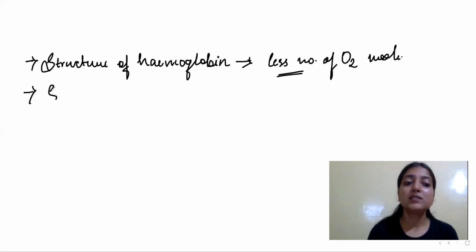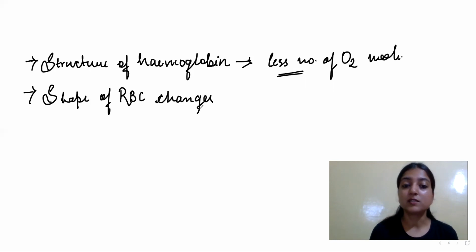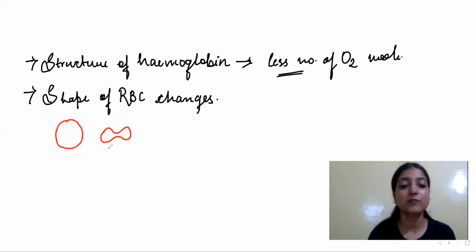Okay. And the second thing is the shape of the RBC is getting changed. If you see the shape of RBC, it is disc shaped, right? Or if seen from the side view, it is a biconcave shape. But when a person is suffering from sickle cell anemia disease, the RBC attains a sickle-like structure, right?